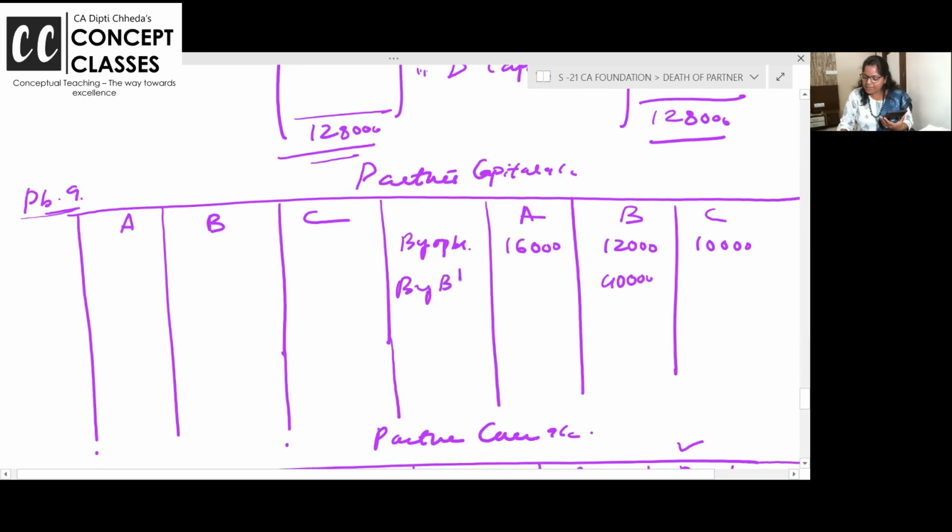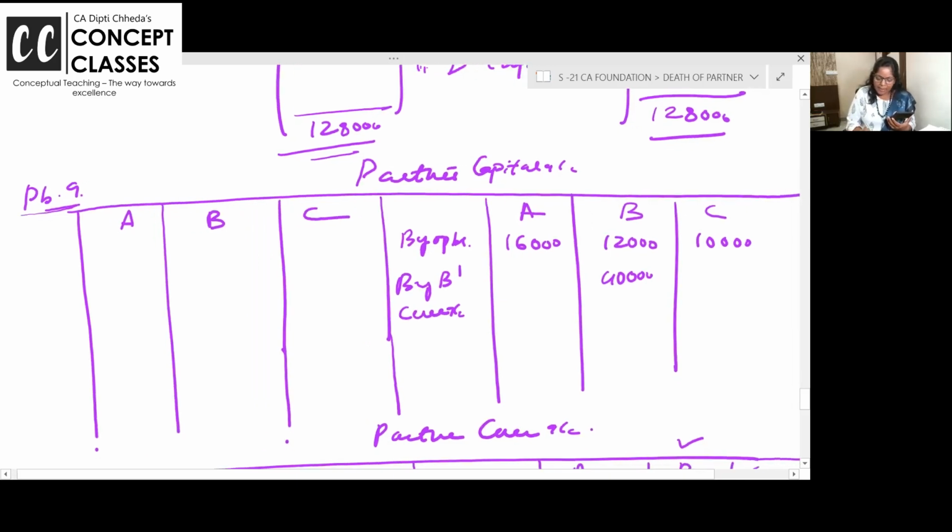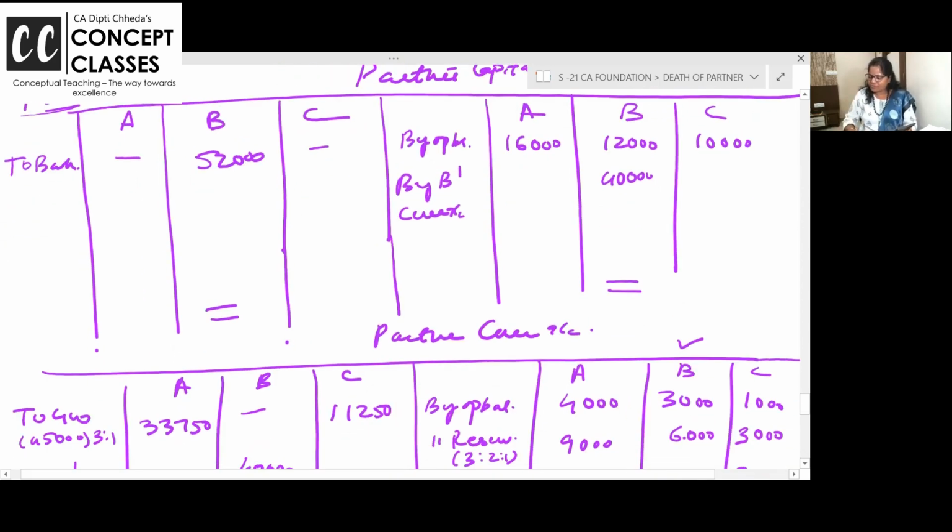By B's current account, 40,000, and pay off. His account is settled and paid. Read the first line below the balance sheet. B died and his account is settled and paid. Pay B 52,000. B means his executors, but finish it off.